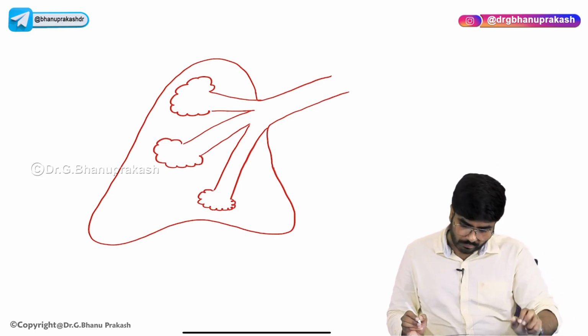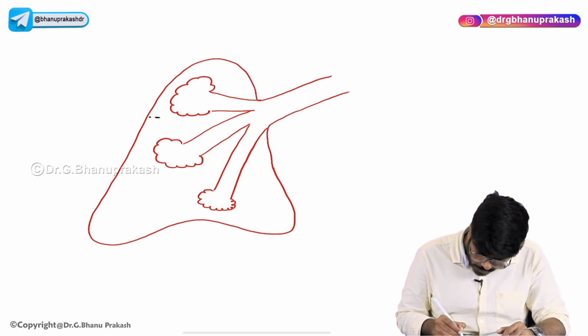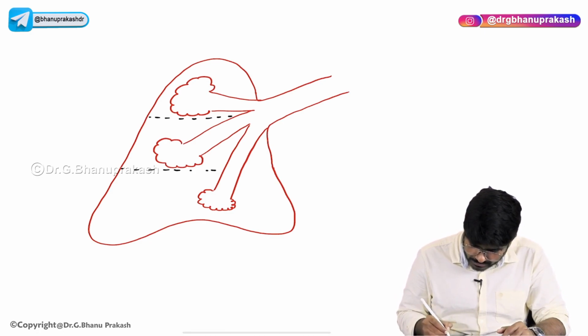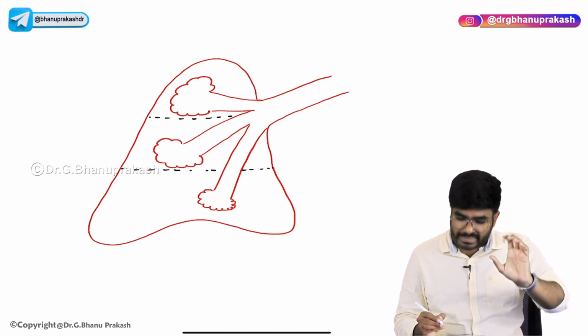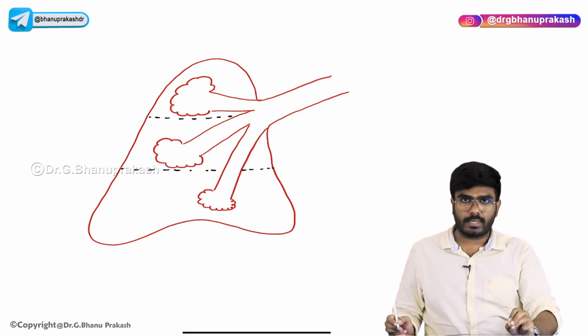So in the apex of the lung, I am showing you alveoli with the bigger size, in the middle lobes the alveoli are of medium size, and in the base of the lung the alveoli are very much smaller.